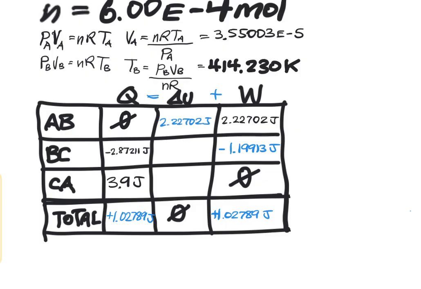And in BC, there was a little bit of everything. The Q was negative 2.87, the work was negative 1.99, and so there's my delta U for BC. And then finally, for CA, when there was no work done, that delta U has to be entirely 3.9 joules.